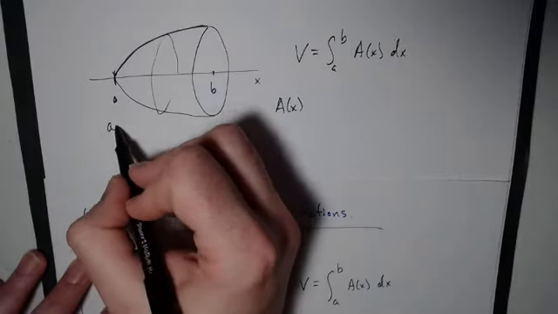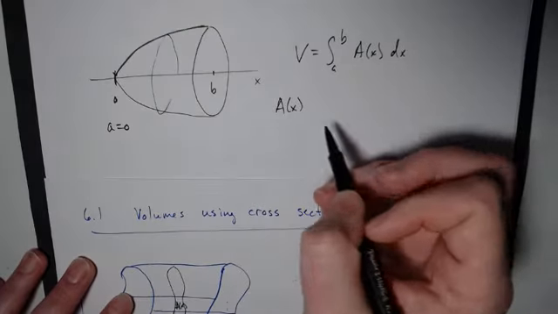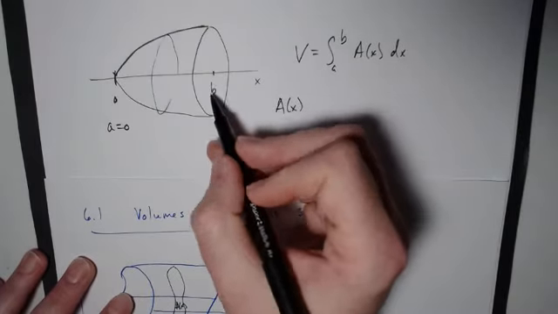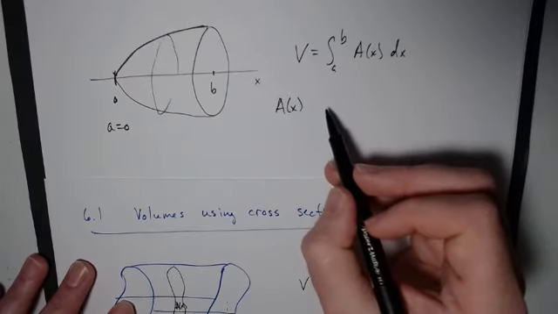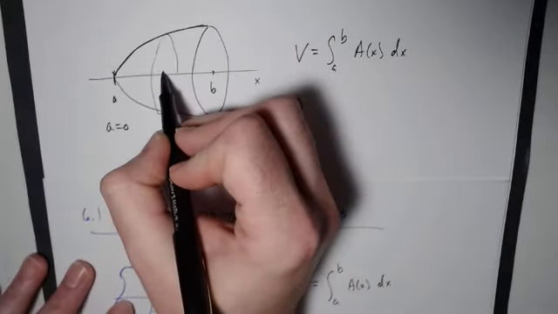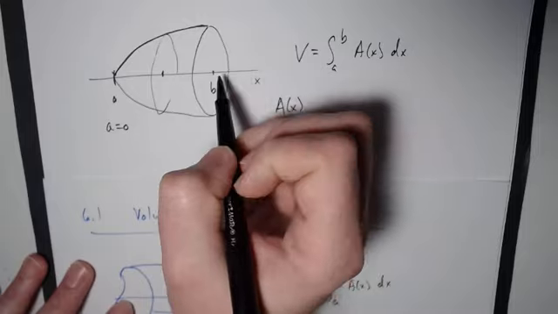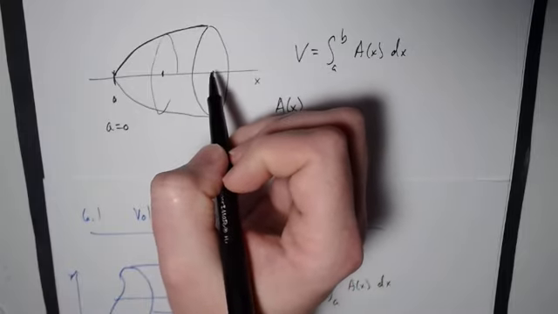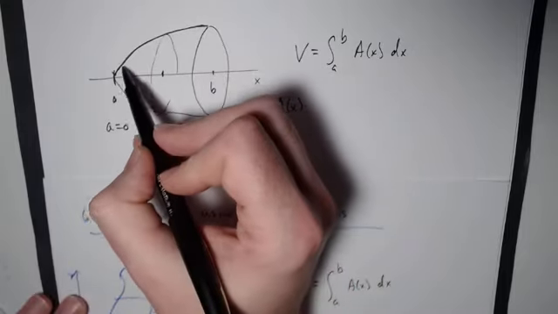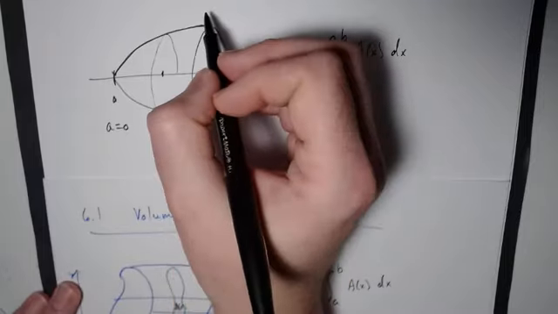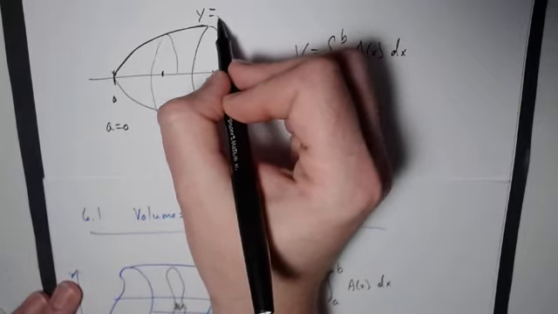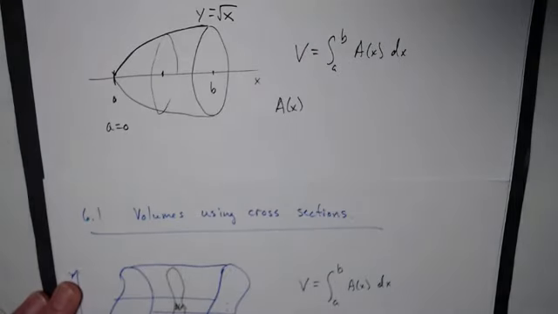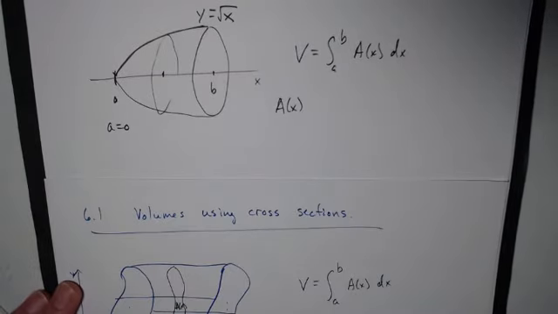Let's assume a equals 0, and then just b equals b. That'll just make this formula a little bit easier. And so let's give that as y equals the square root of x. That's pretty close to that. So y equals the square root of x is that curve.